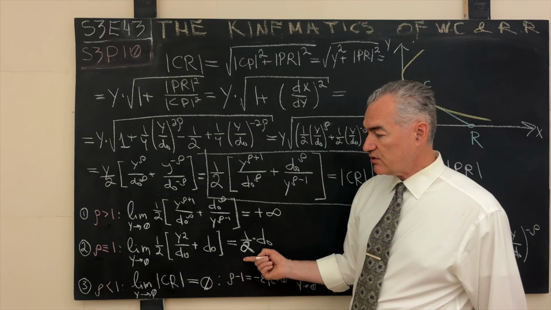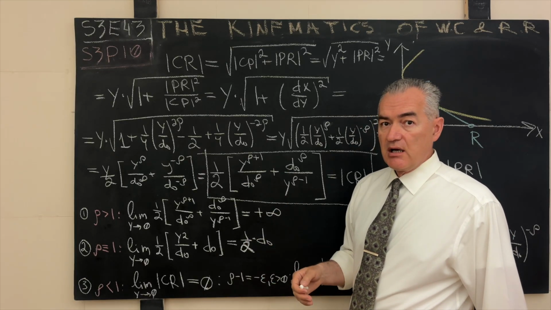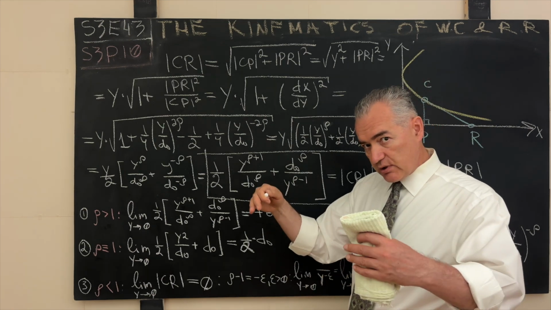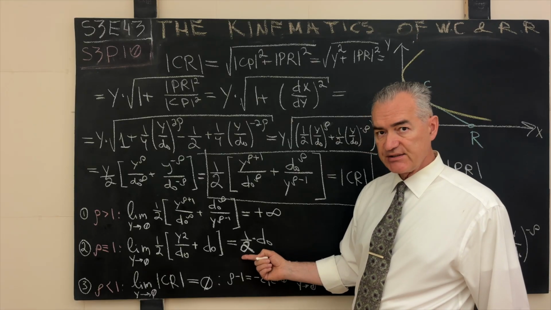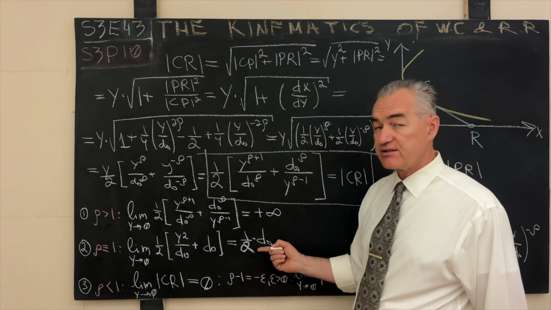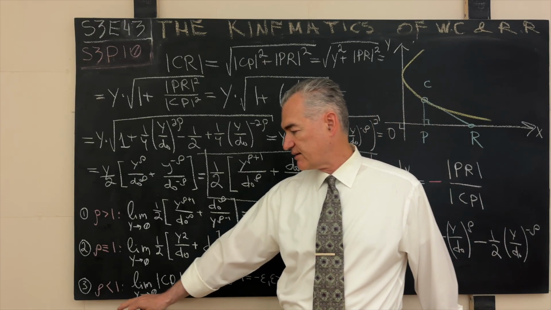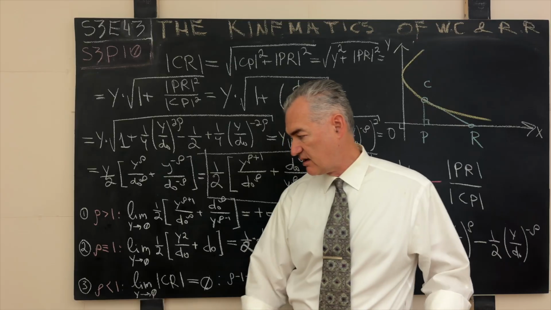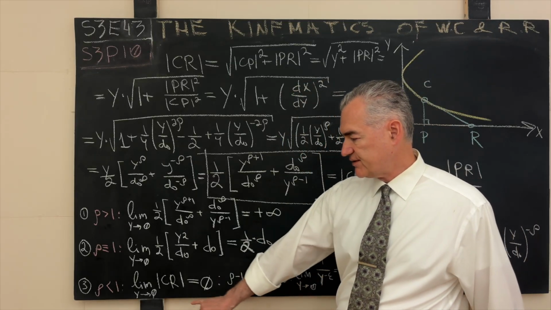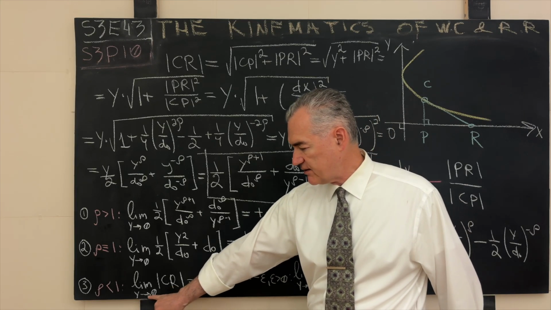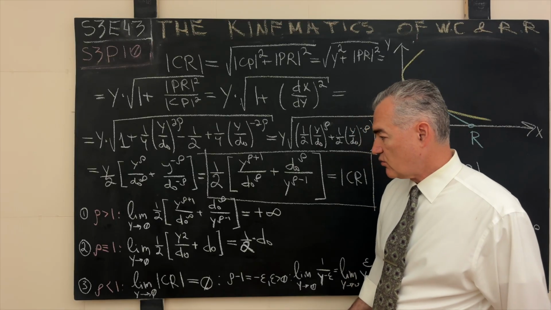So in the limit, when y tends to 0, so basically the chaser or the pursuer gets closer and closer to the x-axis, then this distance stabilizes asymptotically at 1/2 the initial distance, d0 divided by 2. And in the final case, when rho is less than 1, this is again very fundamental, rudimentary real analysis. The distance CR in the limit y tending to 0 is 0. That can be seen quite quickly.